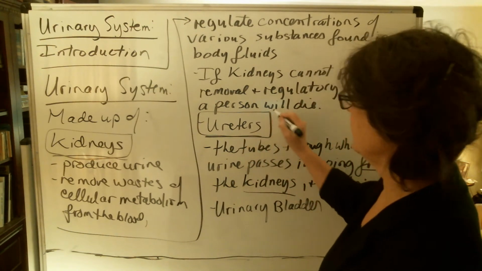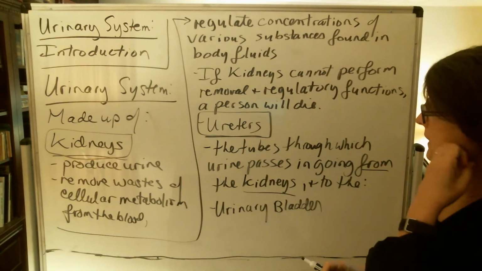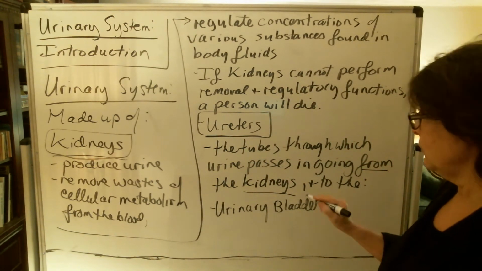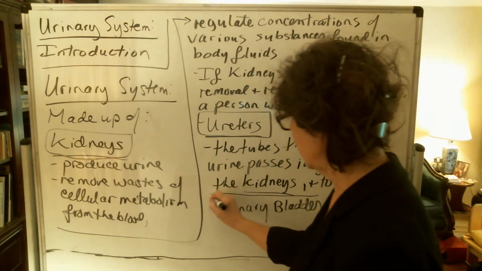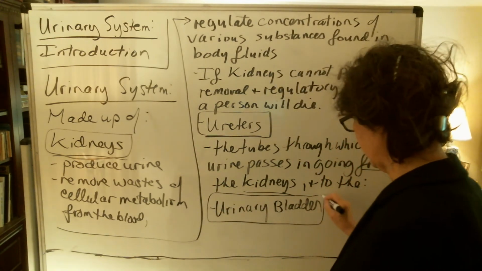So the urine passes from the kidneys where it is formed through the ureters into the urinary bladder.